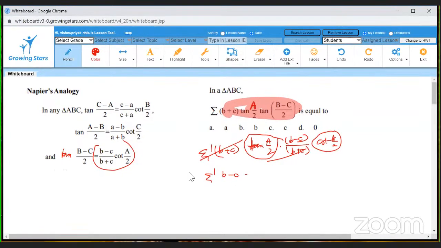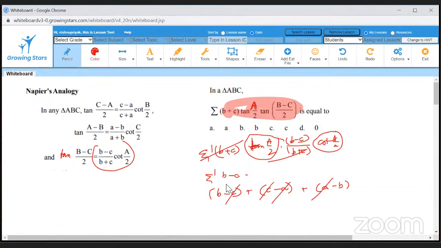Sigma (B minus C) is left. What is sigma (B minus C)? B minus C plus C minus A plus A minus B. So C will cancel, A will cancel, B will cancel.